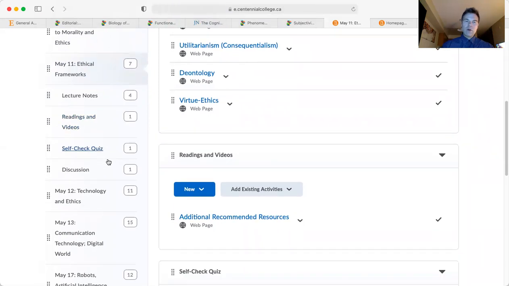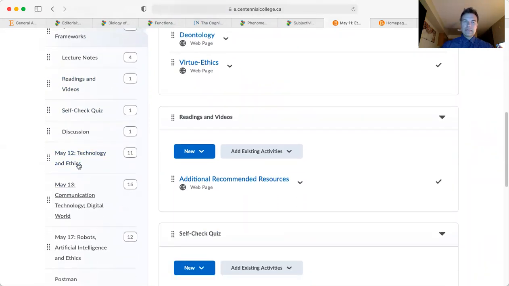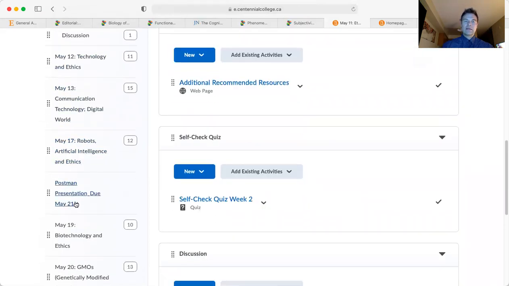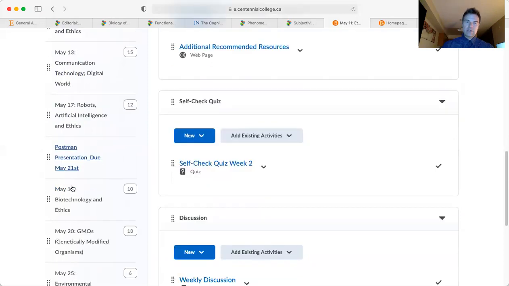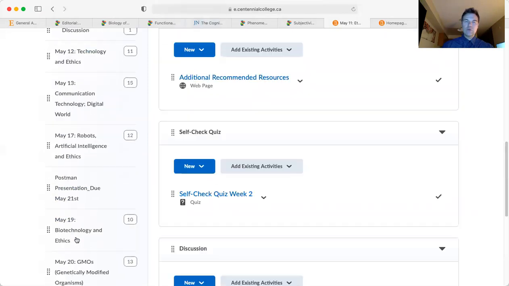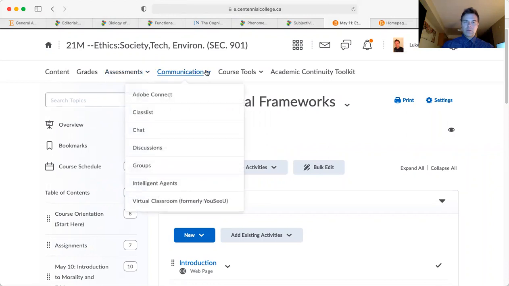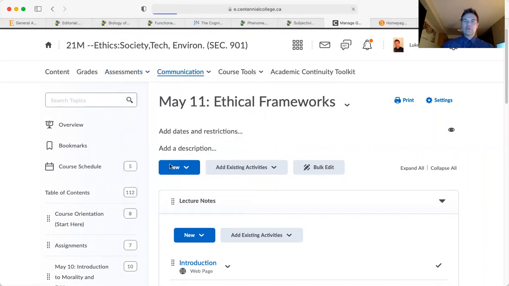As you can see, the modules are divided by dates, May 12th, 13th, 17th. Then the following week, there is a postman presentation. In order to get into the groups for the postman presentation and the assignment number 2 report, you will go to groups under communications.